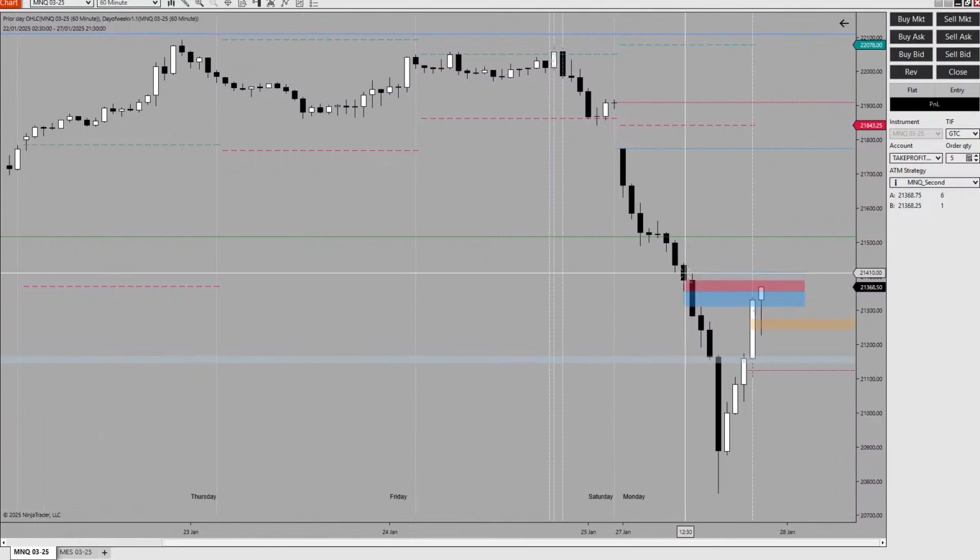So while this is an immediate rebalance, price now after its destination has been reached has come back into it.